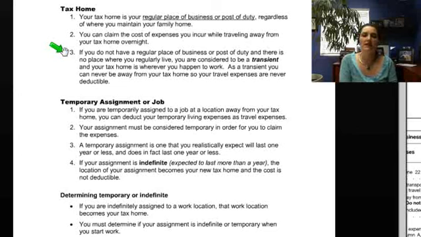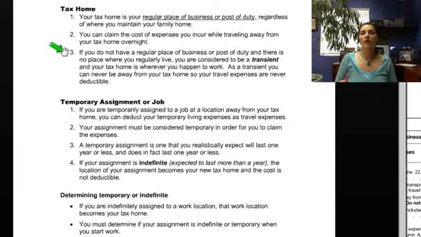So essentially what we're saying here is it is ordinary and customary for many employees to travel away from home on business. And the question is, when are these expenses for traveling away from home on business deductible? And the IRS says they're deductible if you can show that you have a tax home, so that when you travel away on business, you're leaving your tax home.